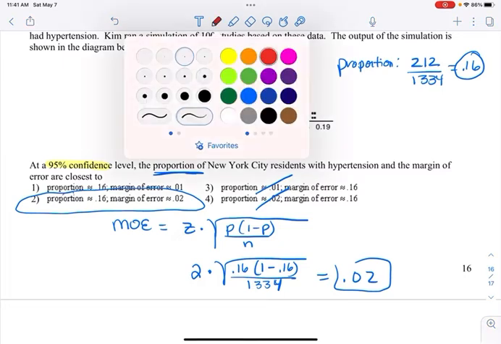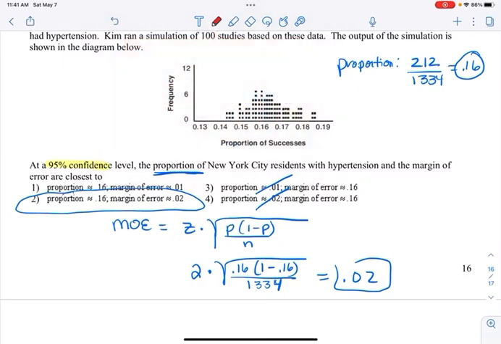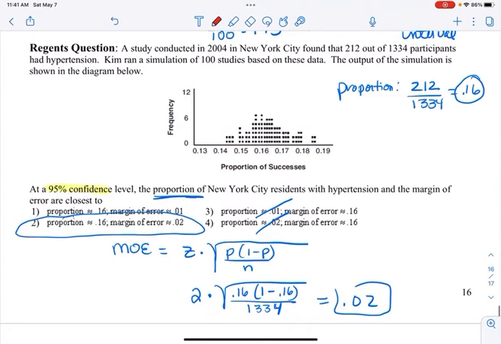Now let me just show you something looking at the graph, all right? So my mean is, did they tell me what my mean was? I don't think they did, but if this was like a normal distribution, my mean is somewhere in here. And if you think about it, each of those standard deviations is about 0.01.